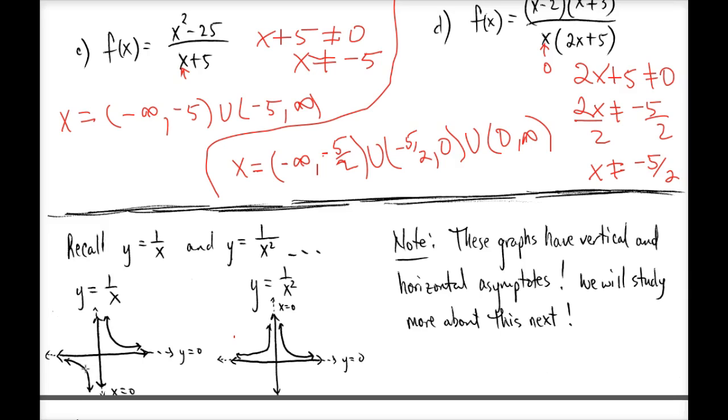Similarly, we see that we also have another asymptote called a horizontal asymptote. And for both of these, they also share one of y equals 0 as well, which is better known as the x-axis.